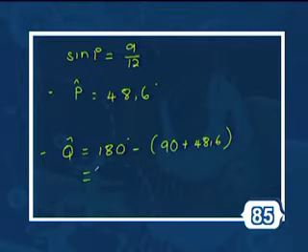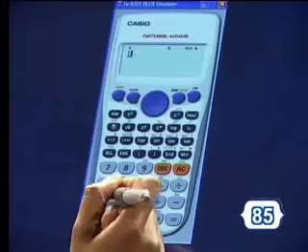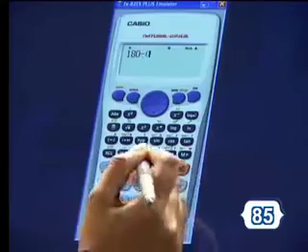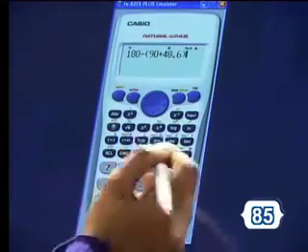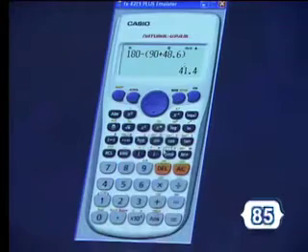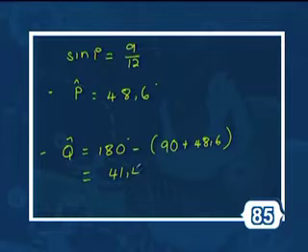So we will get 180 minus (90 plus 48,6). We can do that in our calculator. And that gives us an answer of 41,4 degrees, correct to 1 decimal place.